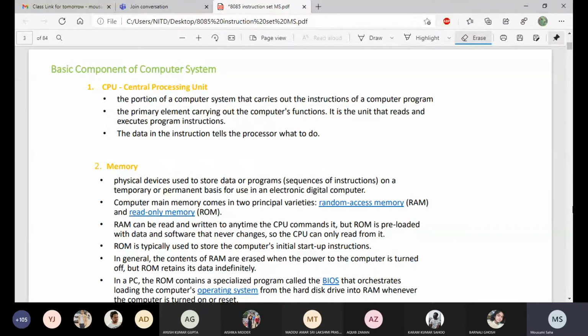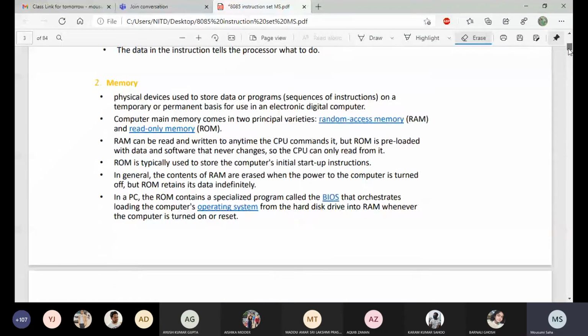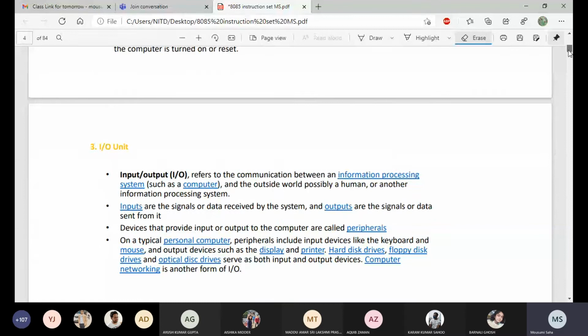So all this is done by the ROM. If ROM is not working, then nothing happens after you switch on your system. So the BIOS is very important. It is mainly stored in the ROM, not in RAM. RAM is used for writing your program, as well as, of course, storing your operating system.